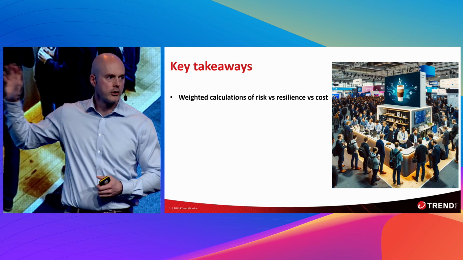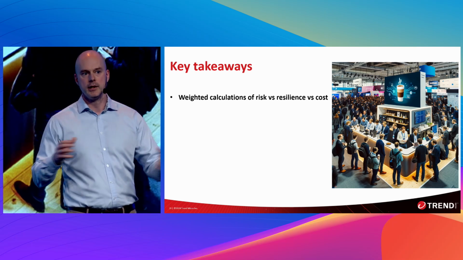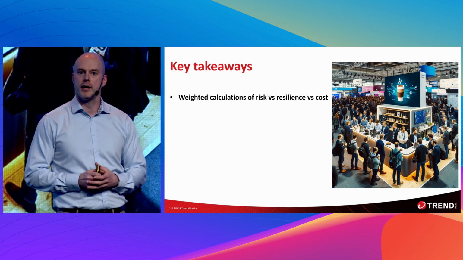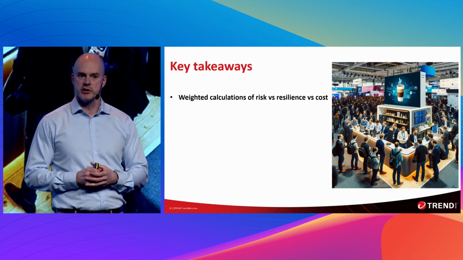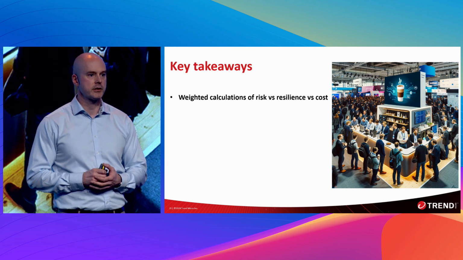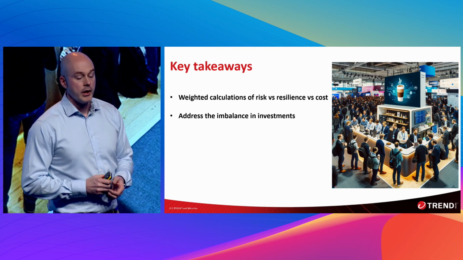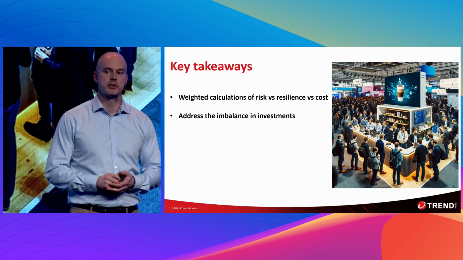The numbers might not look exactly as they did in my example, but the trend and the outcome is the same. And nobody takes an informed decision on where to place these resilience investments. Address the imbalance in these investments after you've done the calculations.